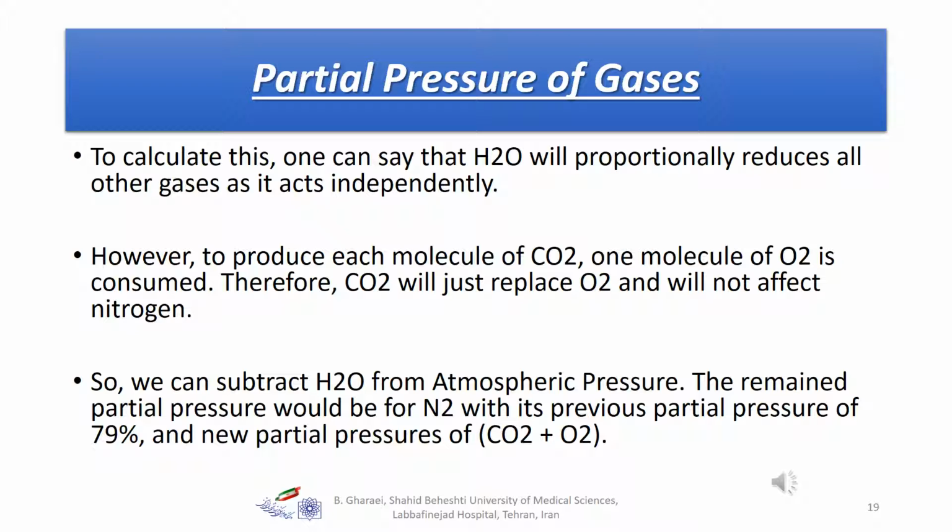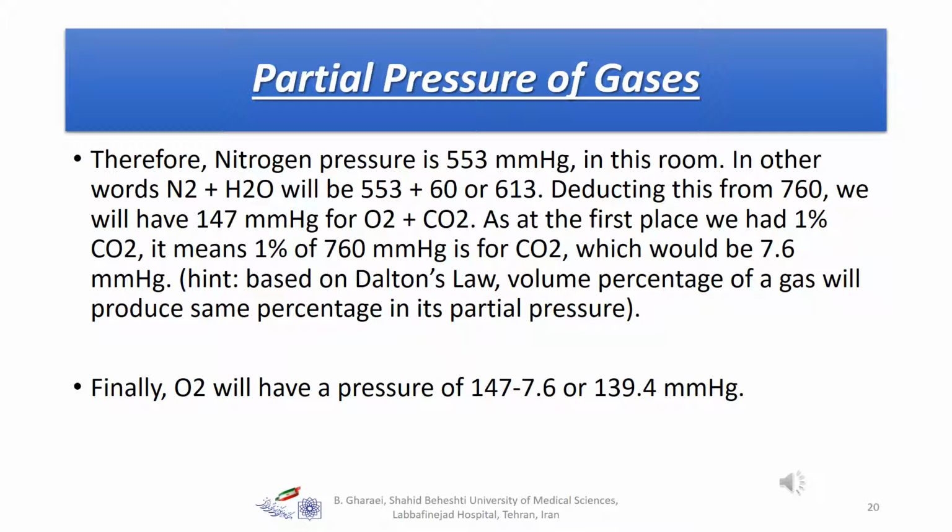So the remaining partial pressure would be for nitrogen with its previous partial pressure of 79% and new partial pressures of oxygen plus carbon dioxide. As you can see, by multiplying 79% by 700 millimeters of mercury, we come to 553 millimeters of mercury partial pressure for nitrogen in this room.